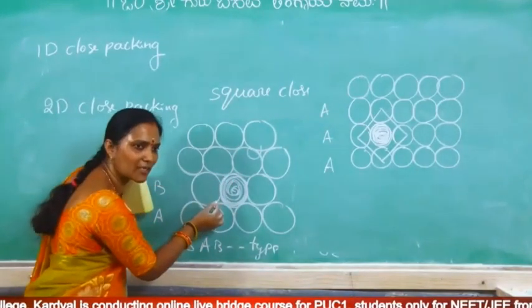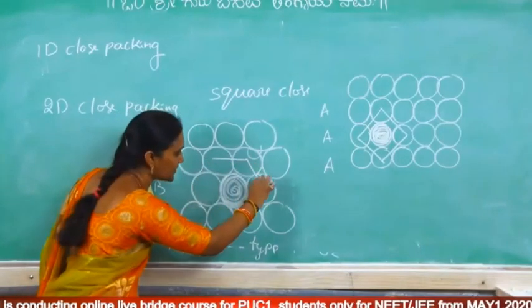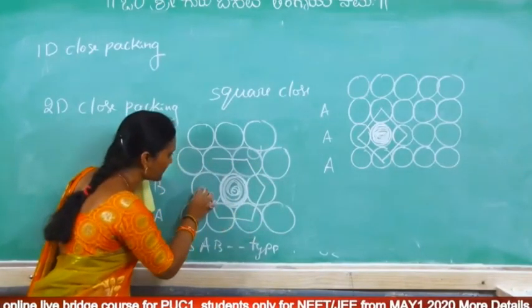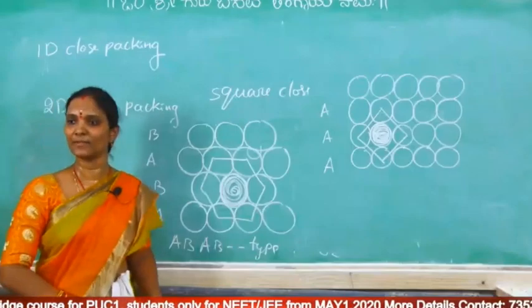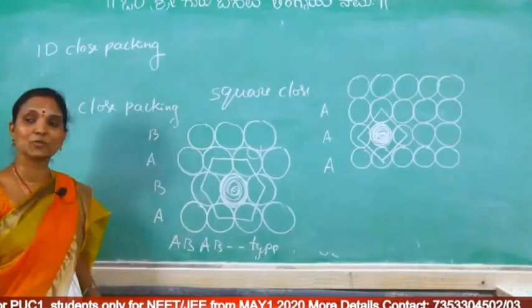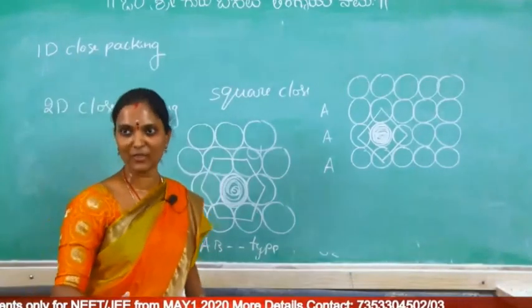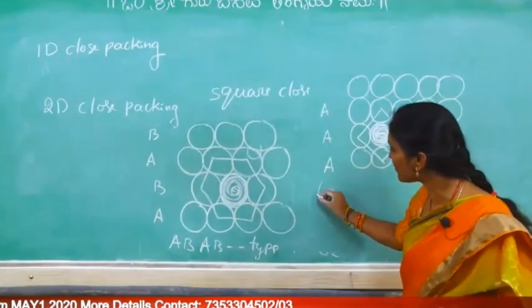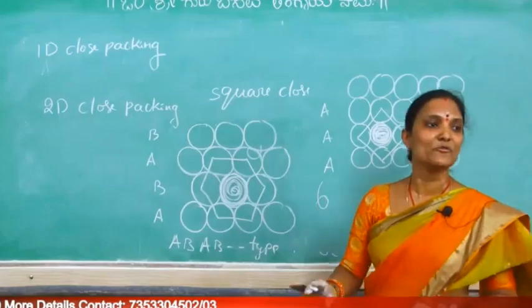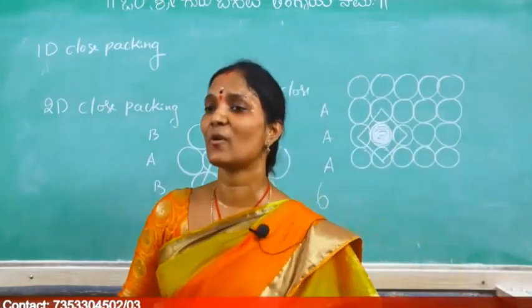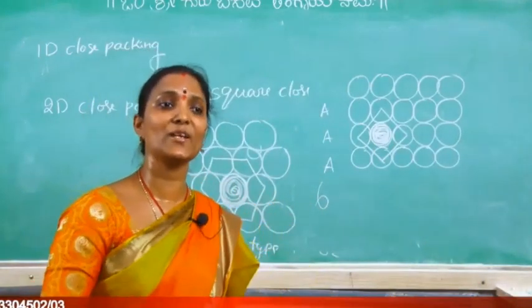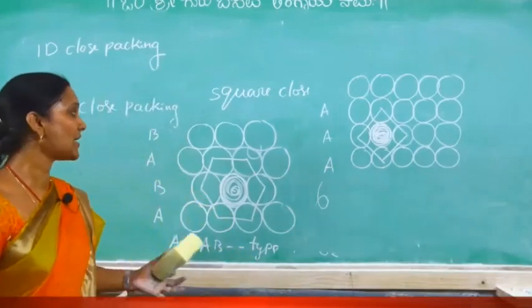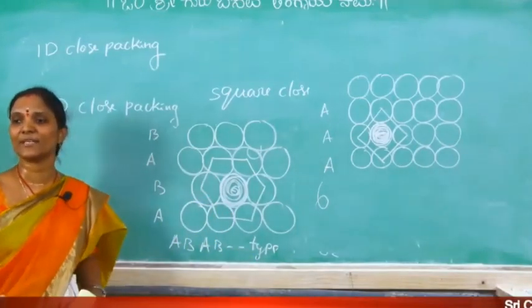All these are in contact. Just join the centers of all these. What do we get? A hexagon. So the close packing name is hexagonal close packing. Now what is the coordination number? 6. So in square close packing the coordination number is 4, and in hexagonal close packing the coordination number is 6. Square means AA type arrangement. Hexagonal means ABAB type arrangement.